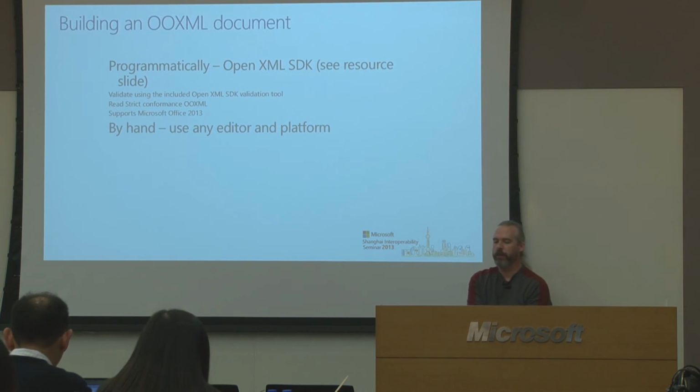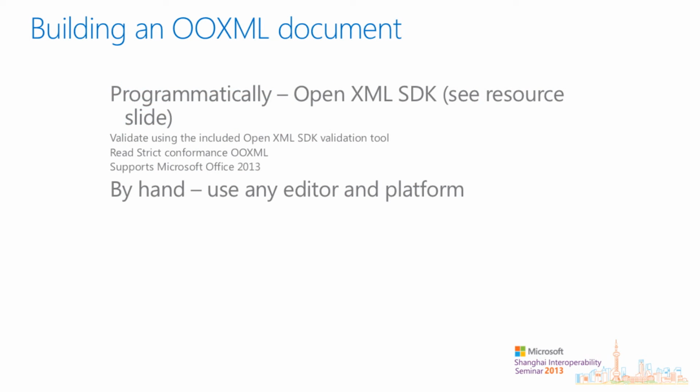So just to finish up, the way to build an OOXML document programmatically is to use something like the Open XML SDK. We have links to that on the resource slide. The resource slide on this presentation is fairly large. It's got a whole bunch of links in it. The SDK includes tools to validate your document once it's built.